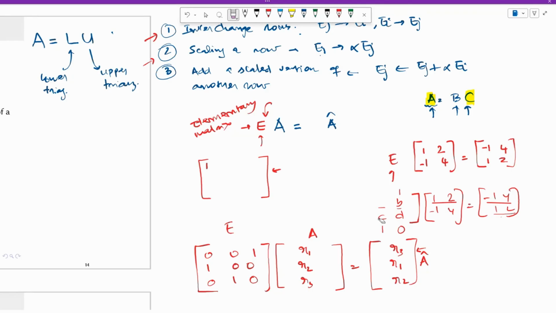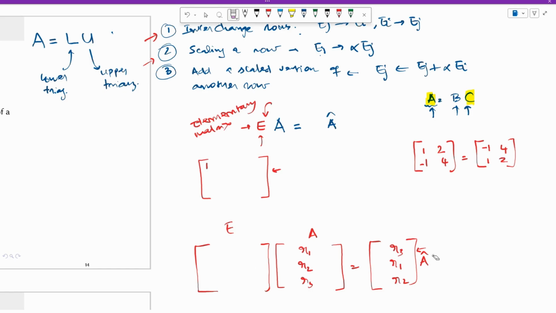Now, let's look at the third operation. Once you're able to see it like this, things become a lot easier. This is the third operation where you want to add a scaled version of another row to the current row. Let's say I want to keep R1 as it is, add alpha times R1 to row 2, and keep row 3 the same.